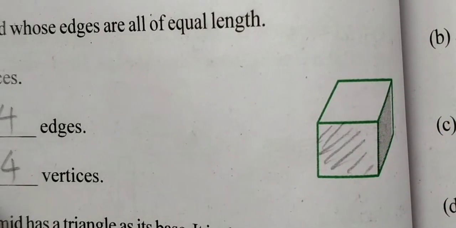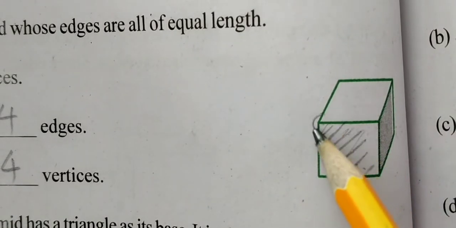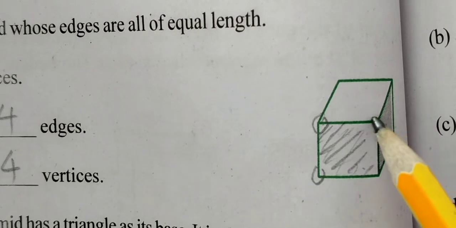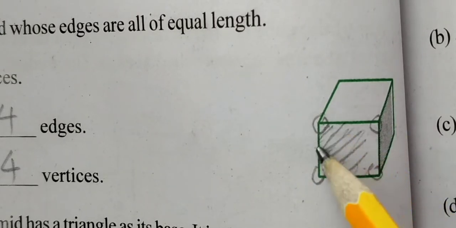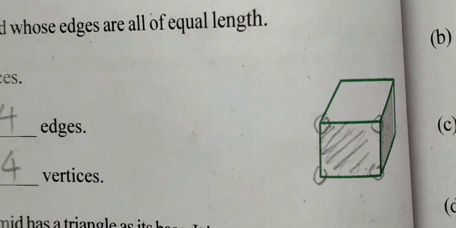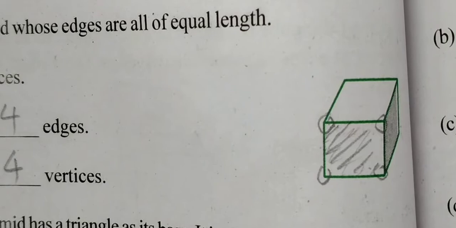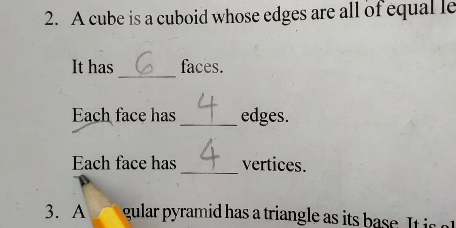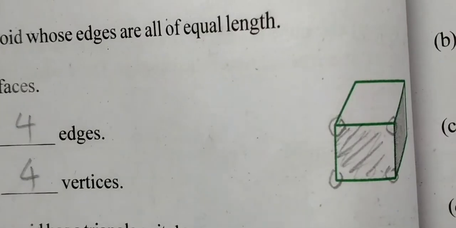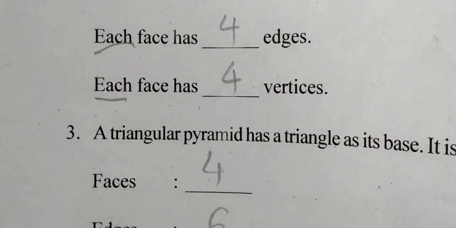Each face means if we take one face, then it has only 4 vertices, where only 2 edges are meeting. We talk about only 4 vertices. Just because each is given to you, so you will only talk about the face, not about the solid figure.